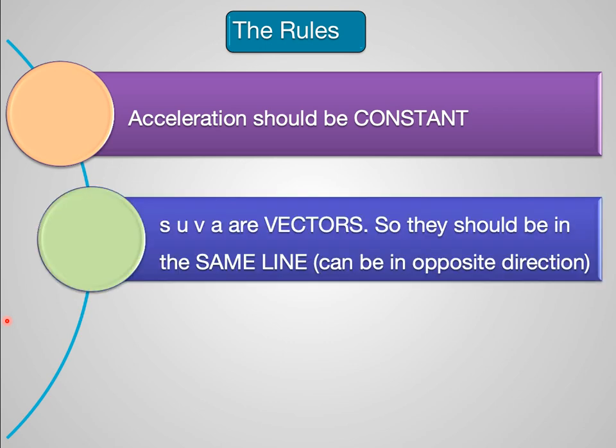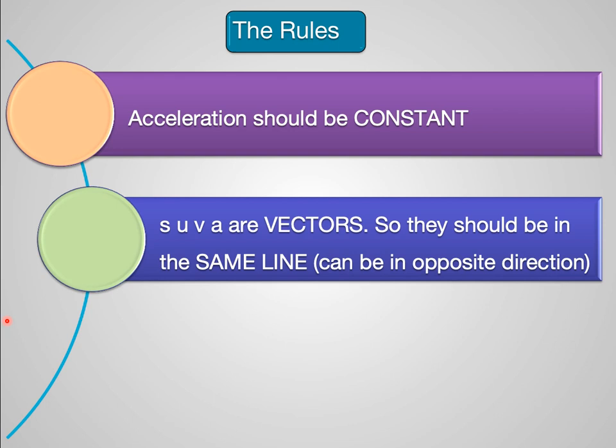Except time, every other quantity in these equations is a vector. Displacement, it's not distance, it's displacement. Initial velocity, final velocity, acceleration. Every quantity except time in those equations is a vector. And what's the limitation of a vector? You cannot add or subtract them directly if they are not in the same line.